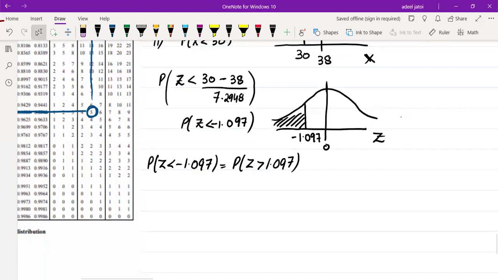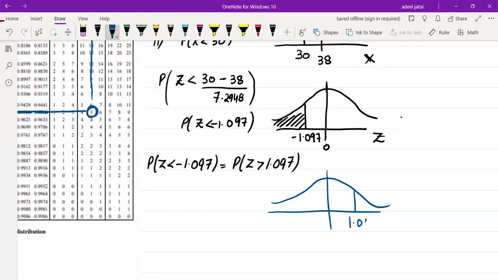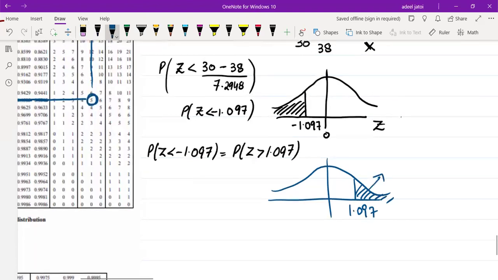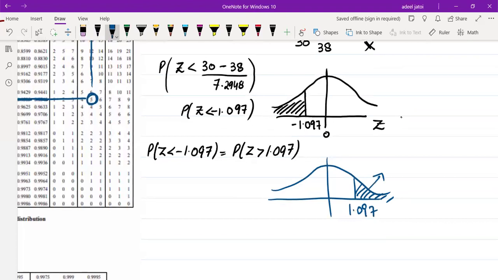Which means if I just draw this thing, this will show me what? 1.097 and this will be drawn. But to achieve this answer, I'll be following another step, which will be 1 minus probability of Z less than 1.097.